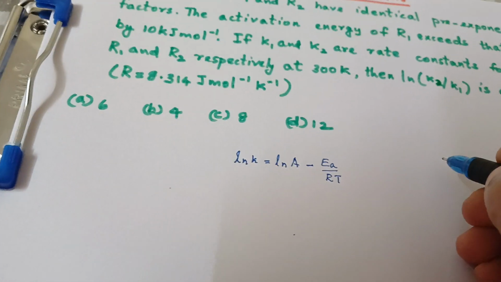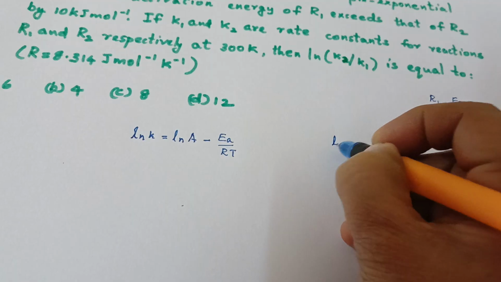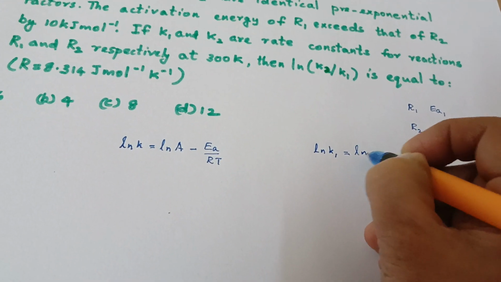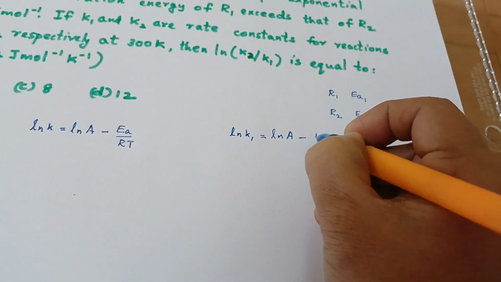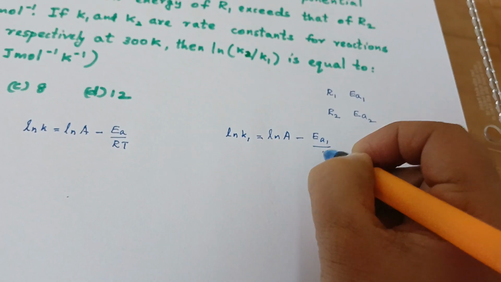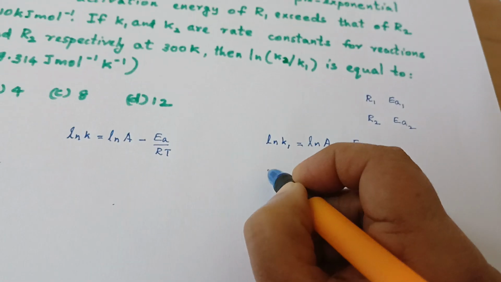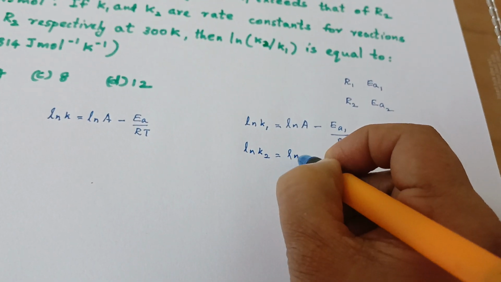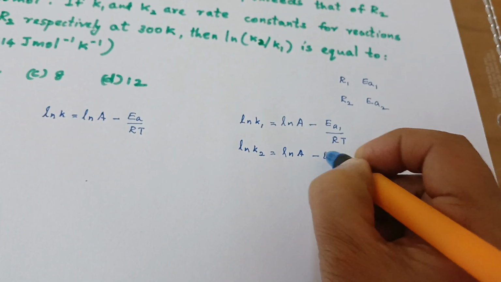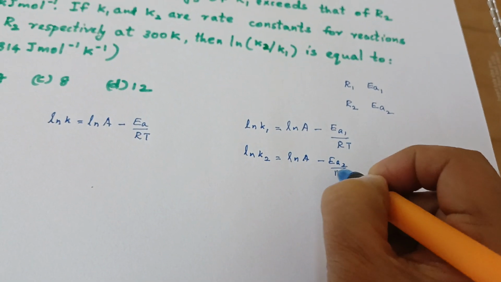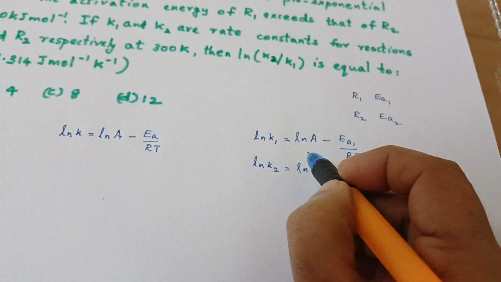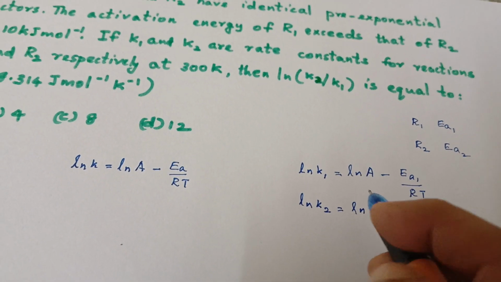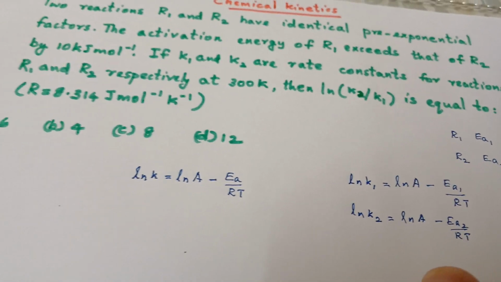Let us write both the equations as ln K1 equals ln A minus EA1 by RT, and ln K2 equals ln A minus EA2 by RT. ln A and ln A both are the same, so we can omit that here.